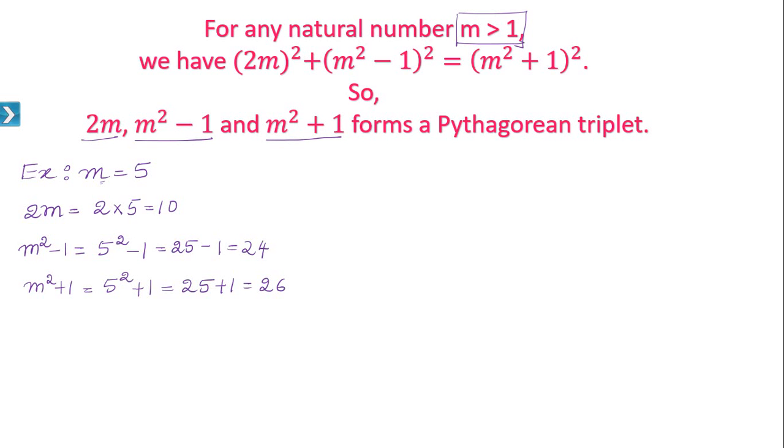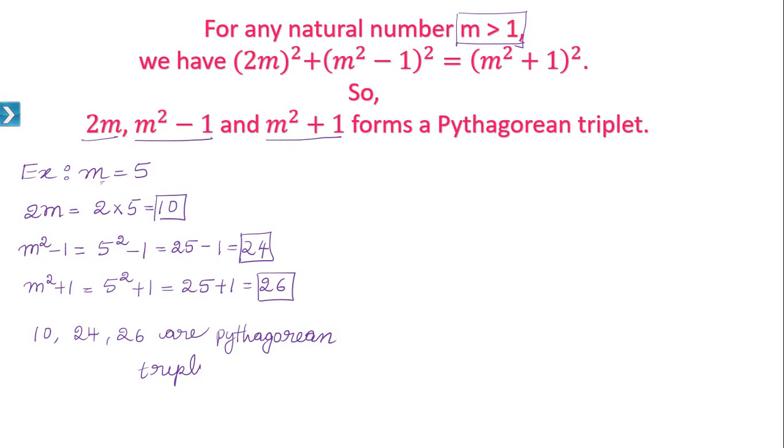So, 10, 24 and 26 are Pythagorean triplets. 10, 24, 26 are a Pythagorean triplet.